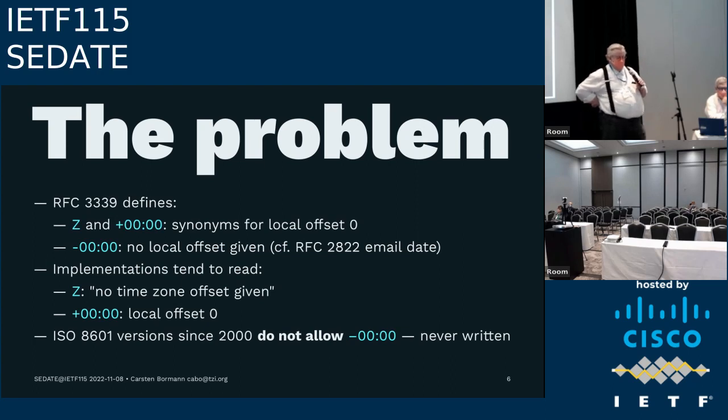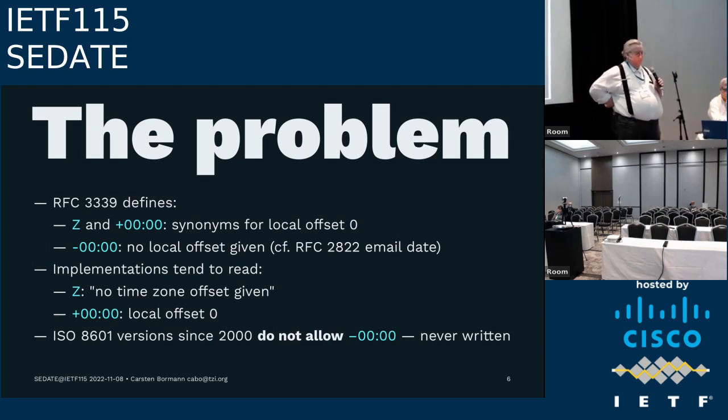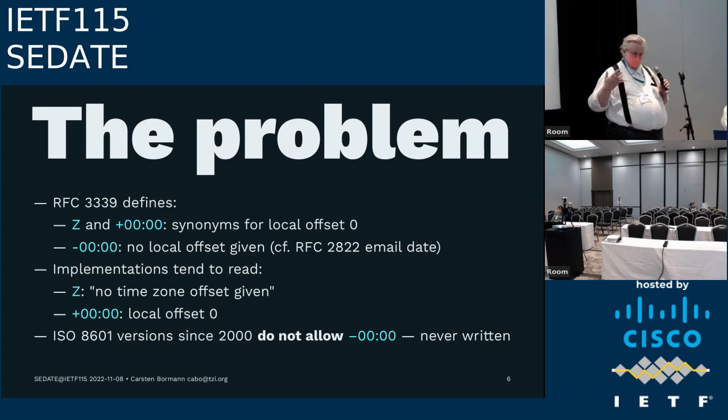And this -00:00 was essentially imported from RFC 822, or actually 2822, which is the first version of the email standards that actually documents this. So an email date may contain this -00:00. And that is actually in use. It's not like 30% of the mails also have that. I did a quick check on a small repository of emails, a million or so I had, and I found like 0.3%.